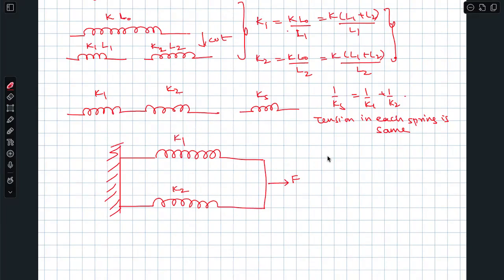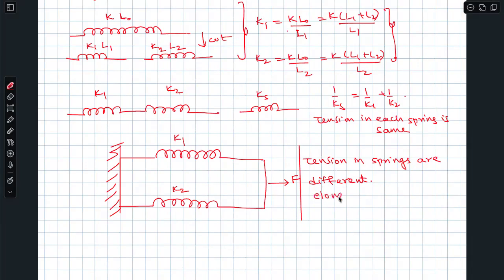F. Here in this case, tension is different. Tension in the springs is different.